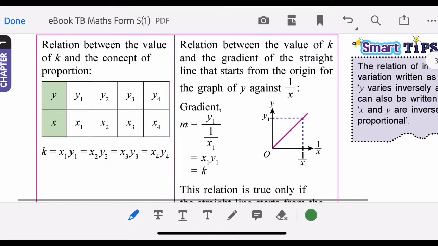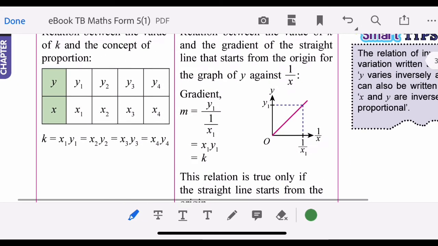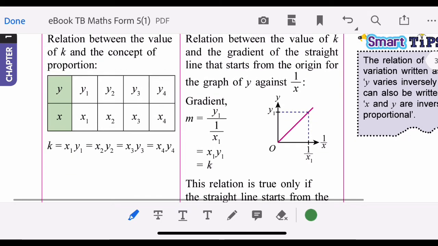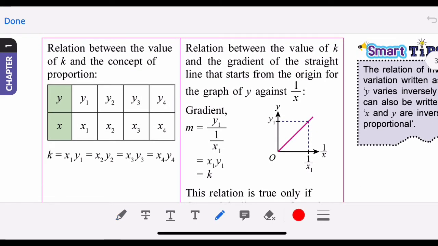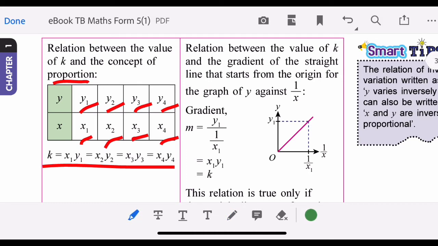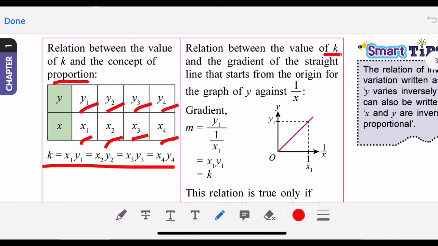Alright, as you see this one, the relation between the value of k and the concept of proportion. So you have x1 times y1, x2 times y2, x3 times y3, and x4 times y4. You get a constant k. Now, the relation between the value of k and the gradient of the straight line starting from the origin of the graph.